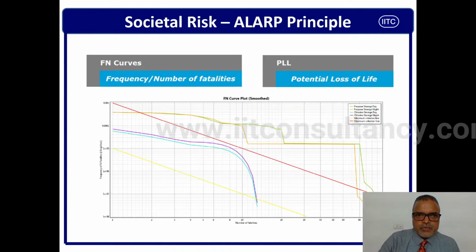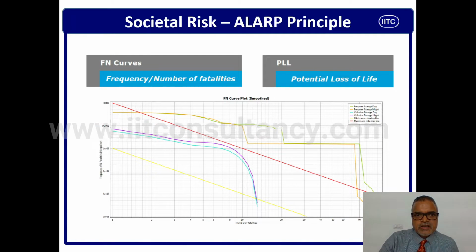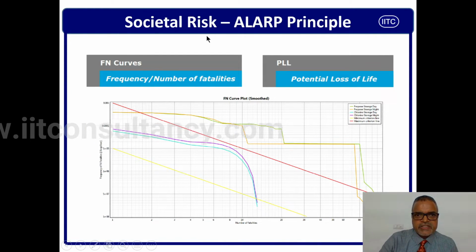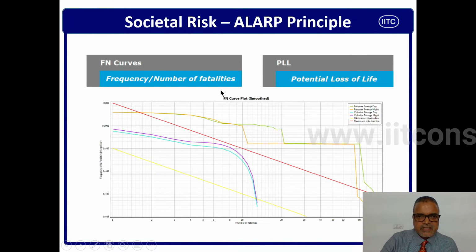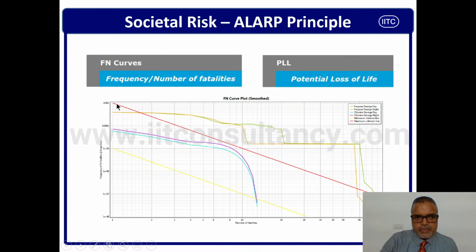So the next output of this QRA study is societal risk. Now we are going to see the FN curve. FN curve means frequency of incident with number of fatalities. Here, if you can see, this is propane.